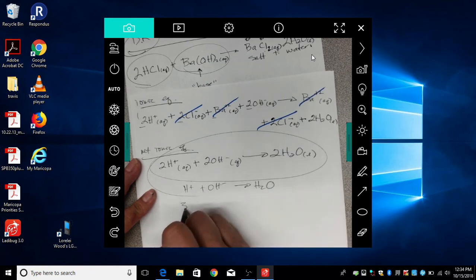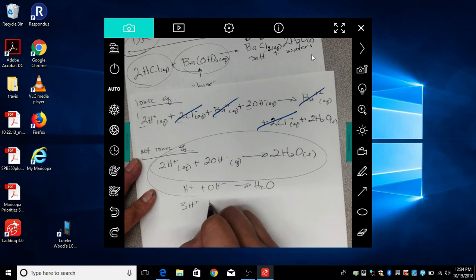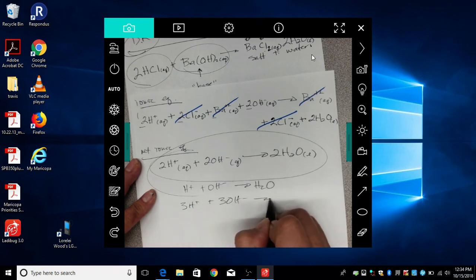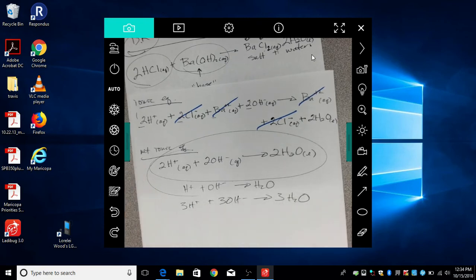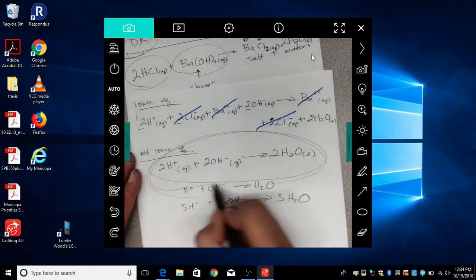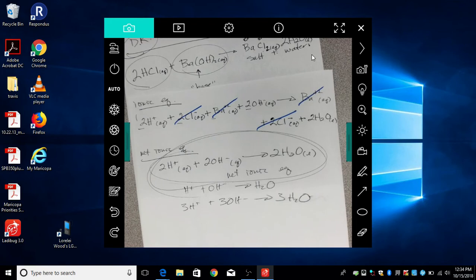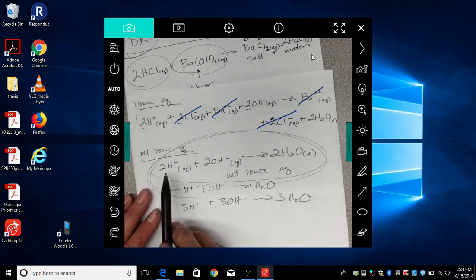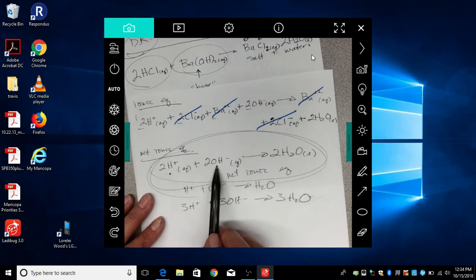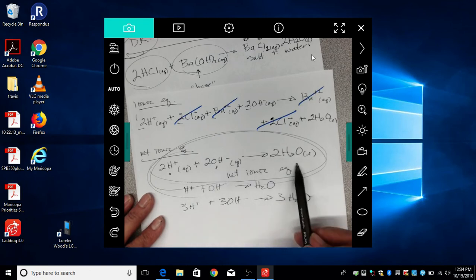It might have 3 hydrogens plus 3 hydroxides making 3 waters, right? But anytime you get this as your net ionic equation, you know that it's an acid-base reaction because the hydrogen came from the acid, the hydroxide came from the base, and acid-base reactions always neutralize, and water is neutral.